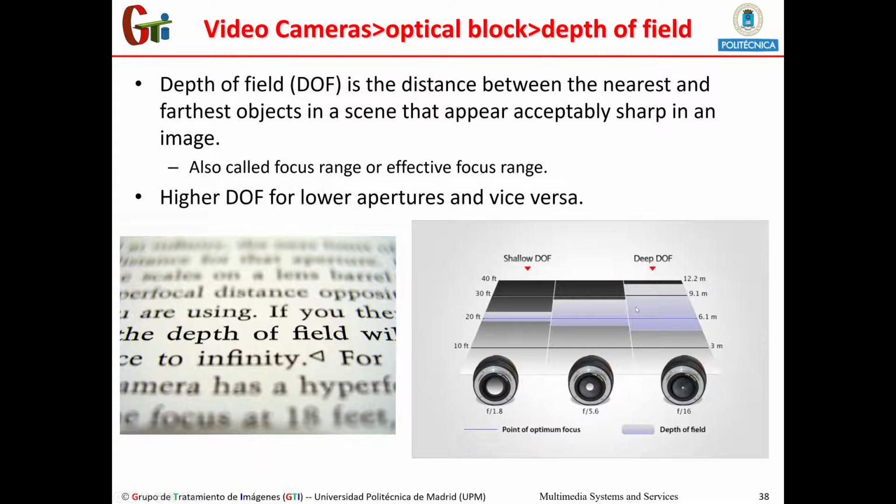With narrow apertures, we have increasing values of depth of field, meaning that all the objects in the image will become more and more sharp as we are narrowing, closing the aperture of the camera.